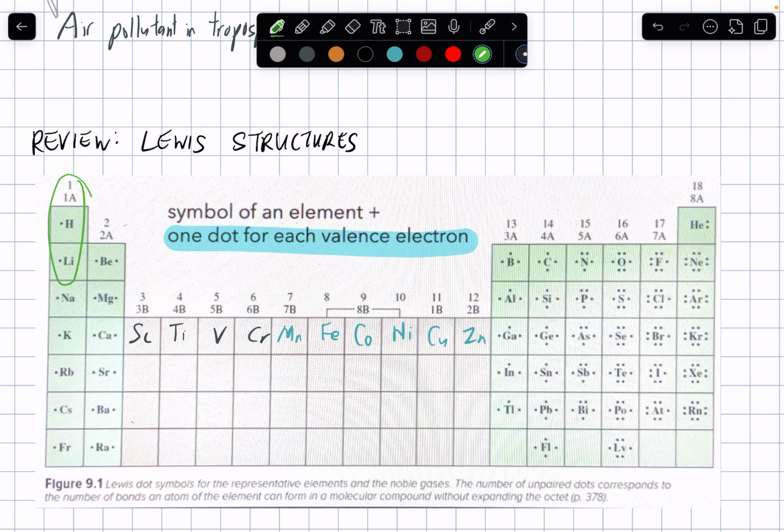Group 1A, that's hydrogen, lithium, sodium, potassium, rubidium, cesium, francium. Essentially they have 1 valence electron. That means 1 dot. We have group 2A, beryllium, magnesium, calcium, strontium, barium, radium.